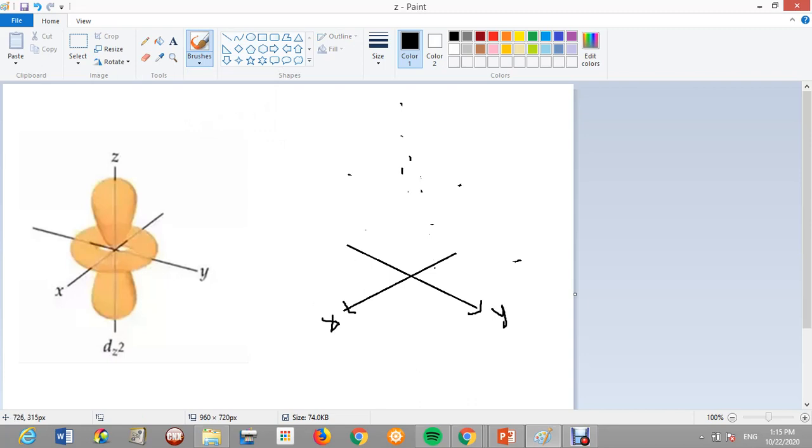And then afterwards I draw the dumbbell, the loop. Then I add my z-axis. And then after this, you draw a donut around your dumbbell.